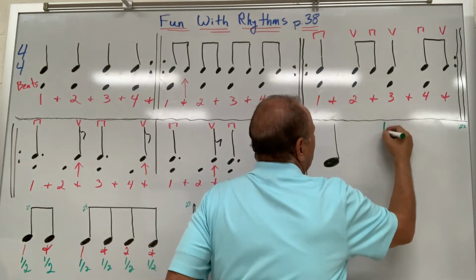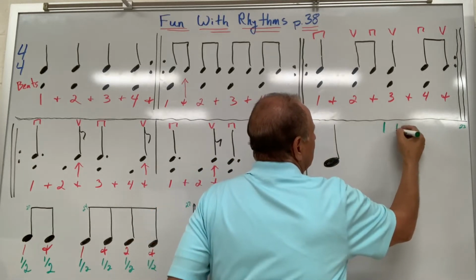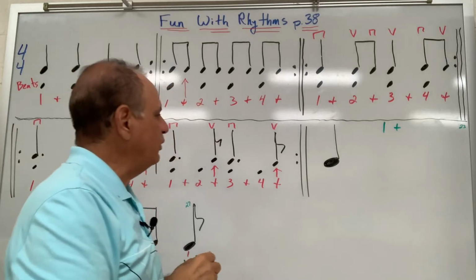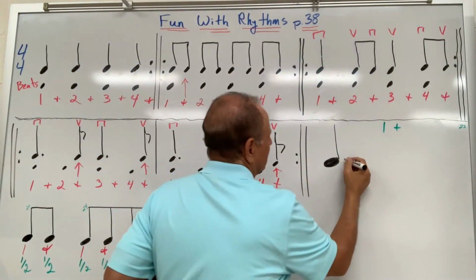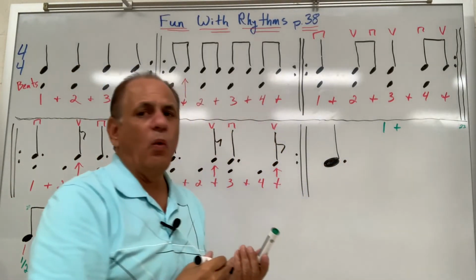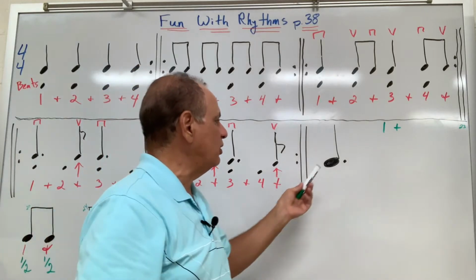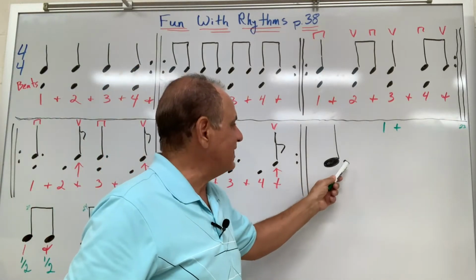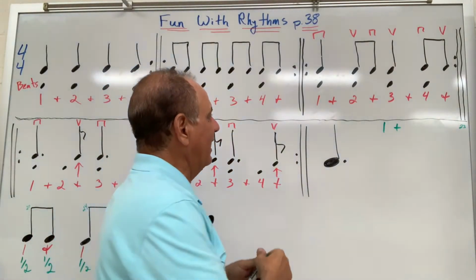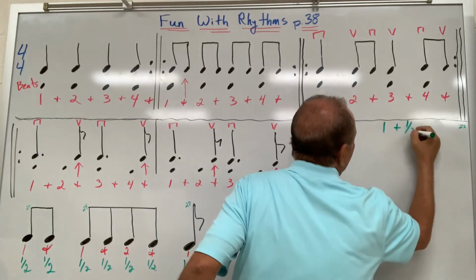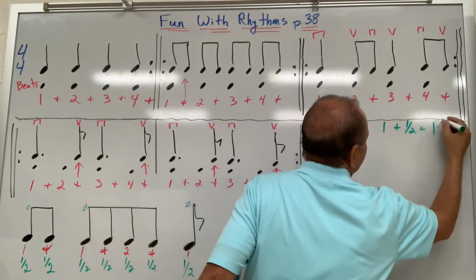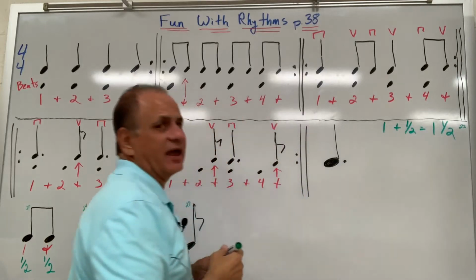What is the quarter note? It's 1 count plus. Now, if we add a dot after that, the dot means take half of the original value. The original value is 1. What's half of 1? That is a half. So now 1 plus a half is 1.5 counts.